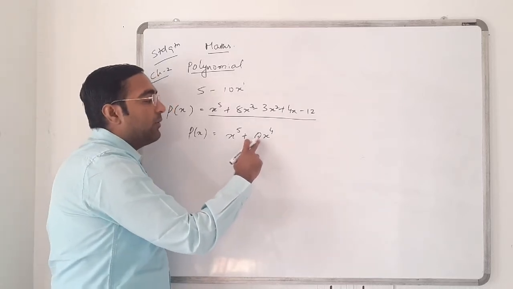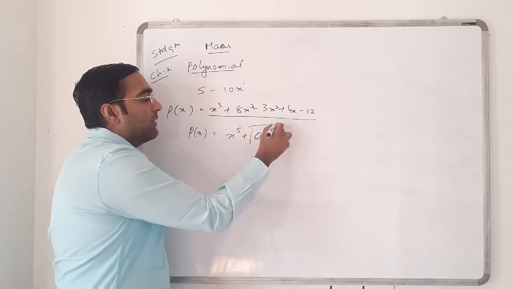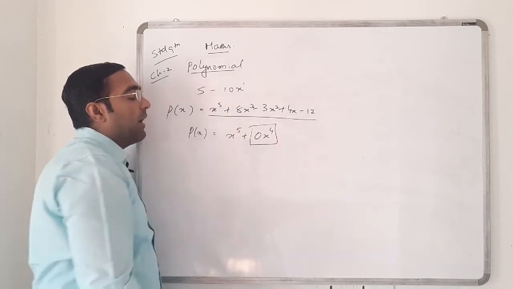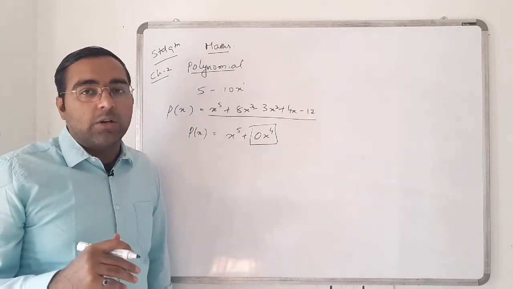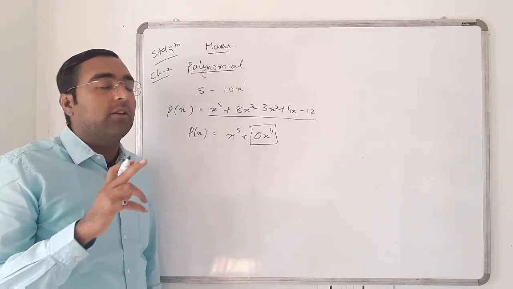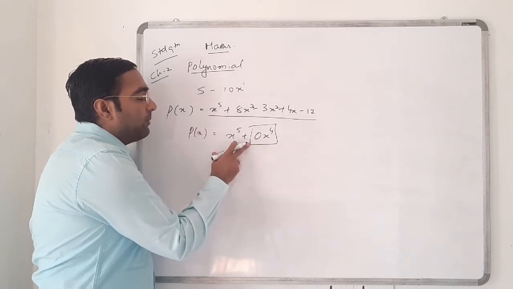Any number multiplied by 0 is itself 0, so my question is not changed.